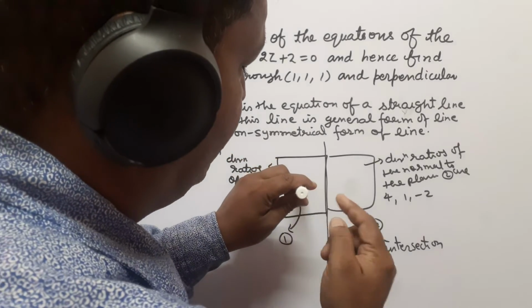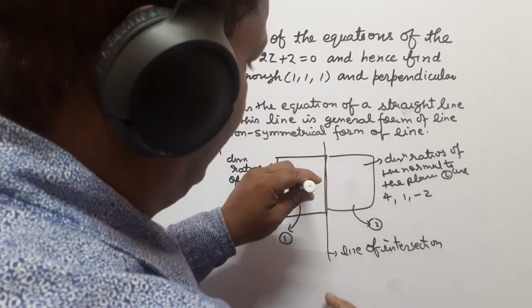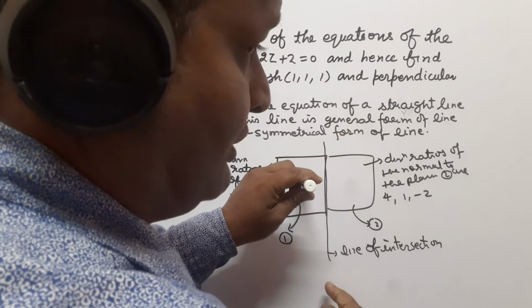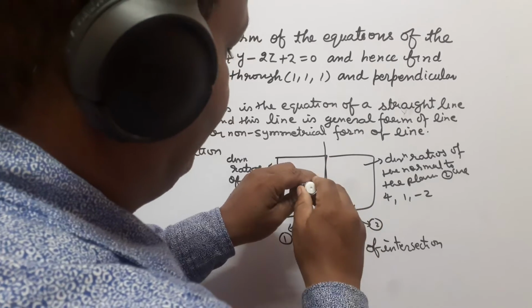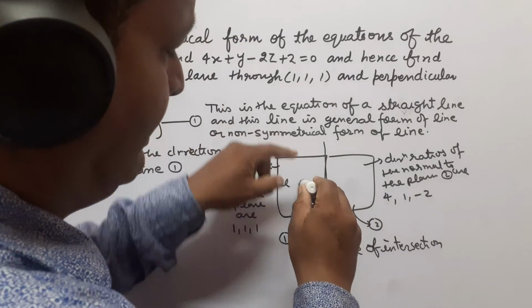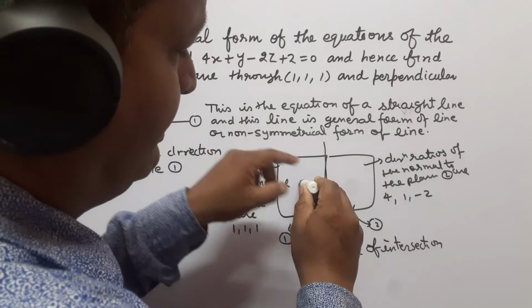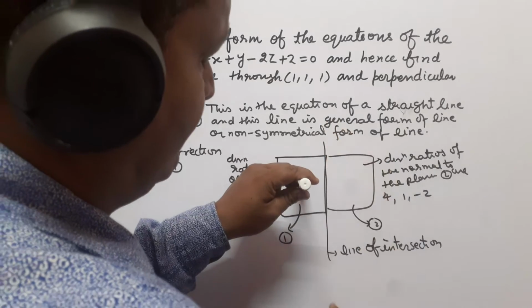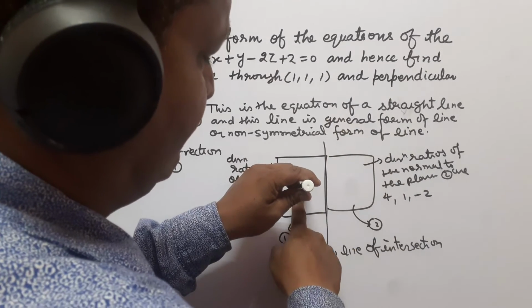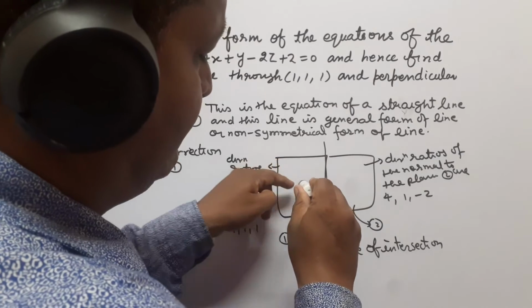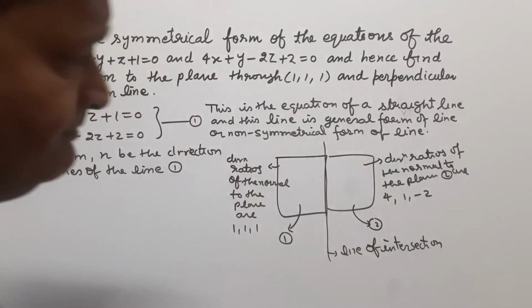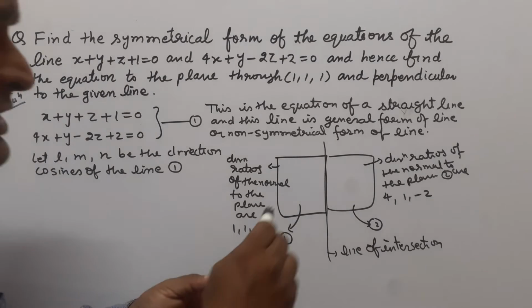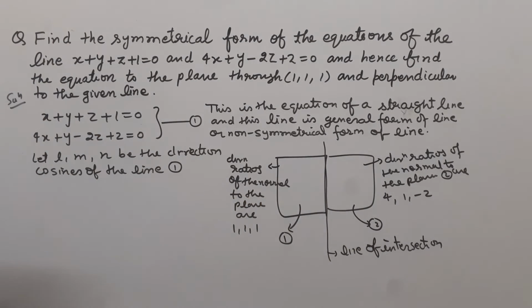The line of intersection lies on the first plane, so the normal of this plane is perpendicular to the line of intersection. So we use here the condition of perpendicularity.